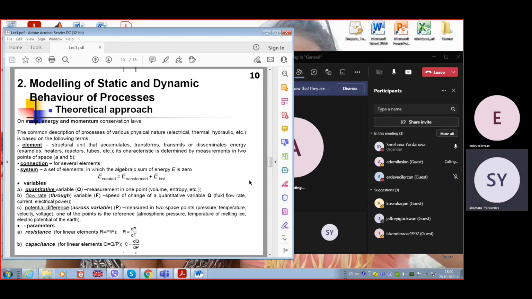We need a model of our process that connects input and output variables, those information variables. This is necessary, for instance, this is what we are doing every time with every new thing. We try to learn more about this.